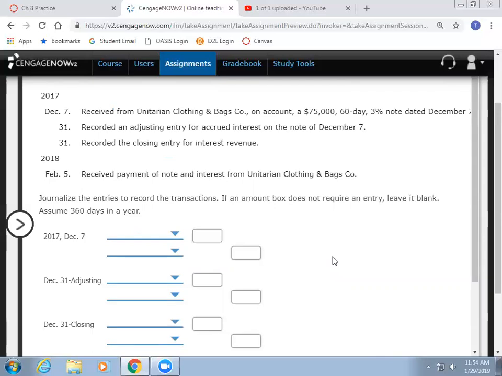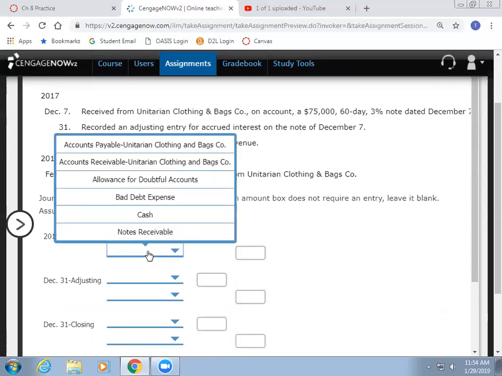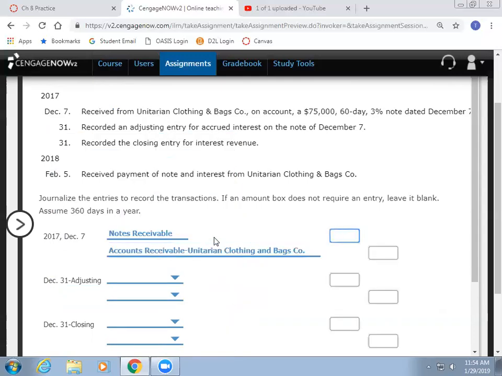We want to journalize that entry, so I'm just going to break it down one at a time. When I first issued that note, what do I debit and credit? Notes receivable, good. And what gets credited? Accounts receivable. So I debit notes receivable for $75,000, and I credit their accounts receivable for $75,000.